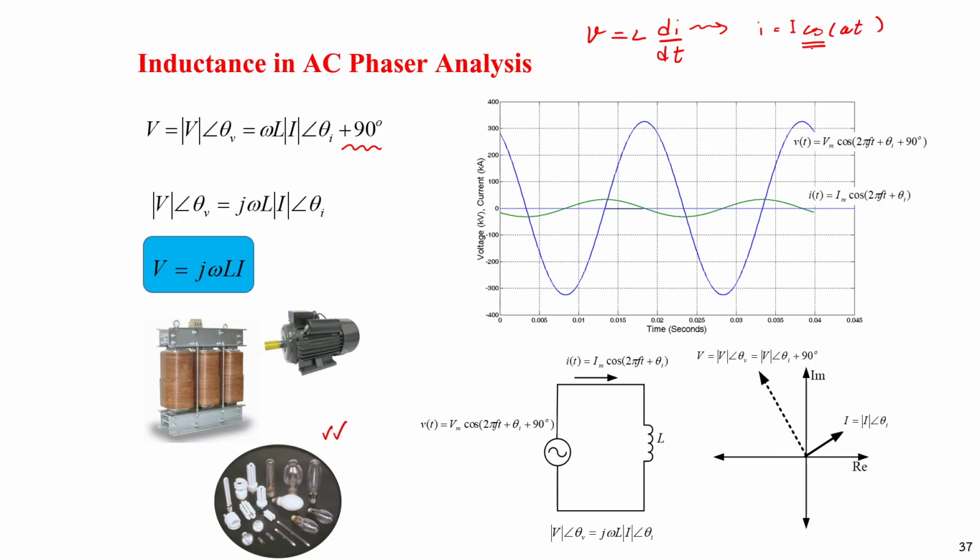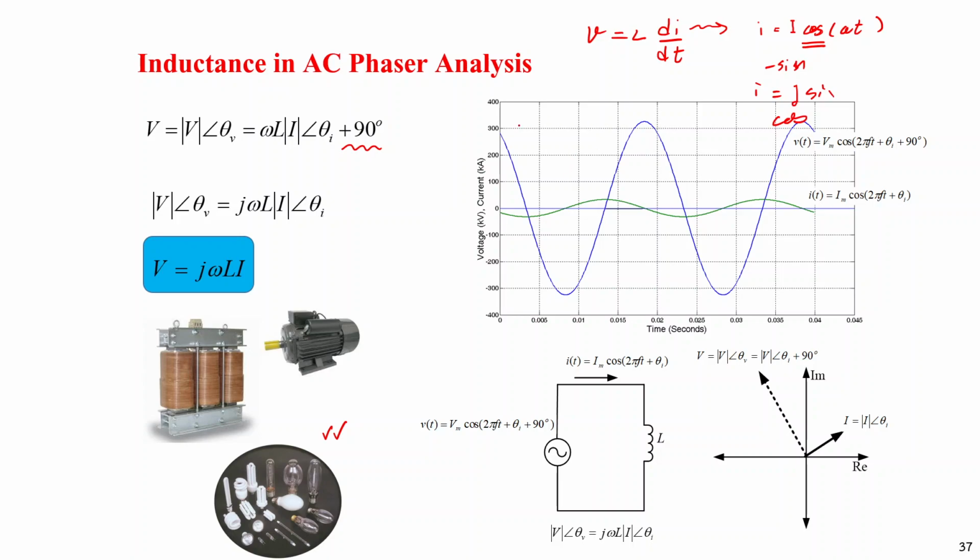If I is cosine, what is the derivative of cosine? The derivative of cos is minus sine, yes. And if I is sine, the derivative of sine is cos, right? So it shifts the phase by 90 degrees, right?